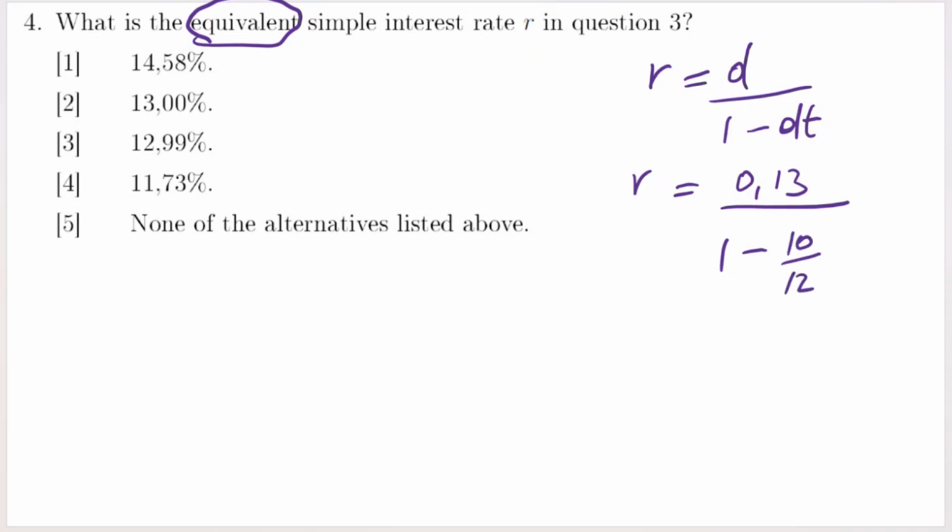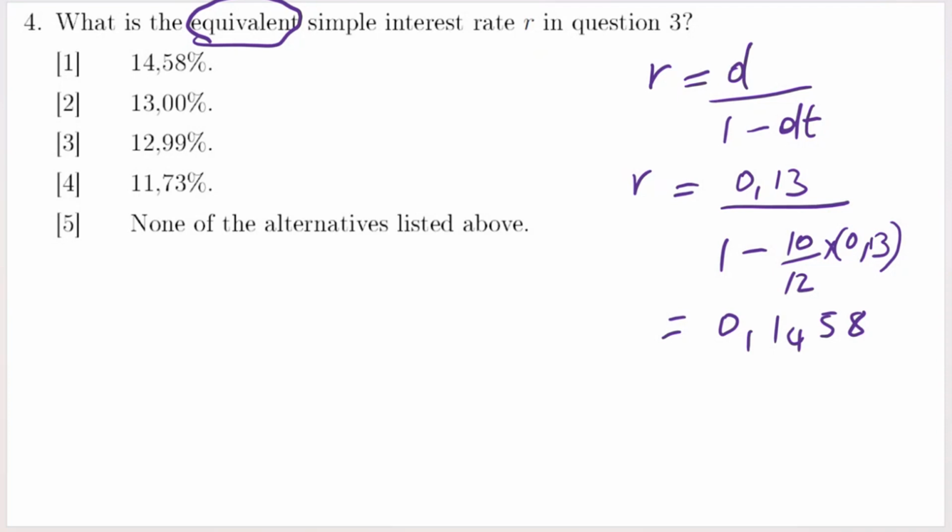That's what you have concluded. 10 over 12 multiplied by the discount of 0.13. Okay, so now this, your r is going to give you 0.1458.